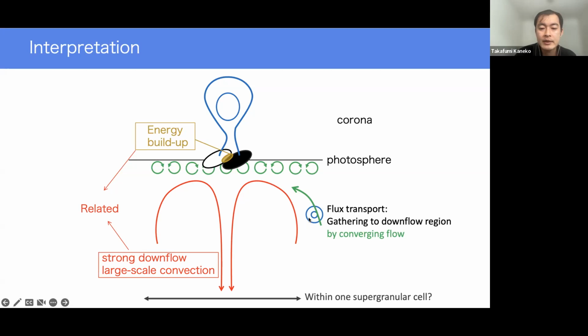So flux gathered, extracted to the downflow area, then emerges and is pulled by the downflow, and the energy is built up along the polarity inversion line. That is an interpretation of our analysis.